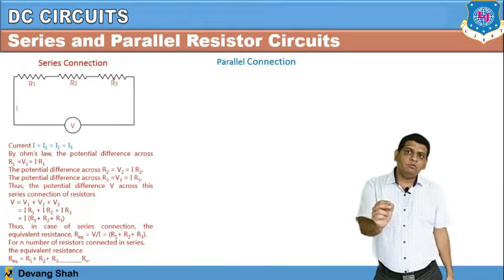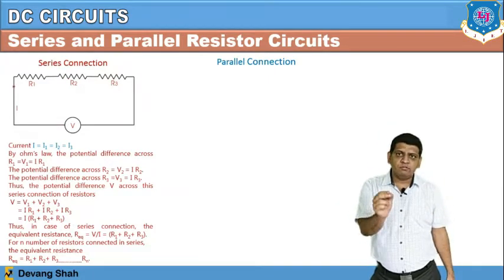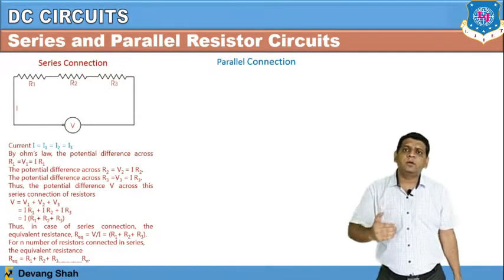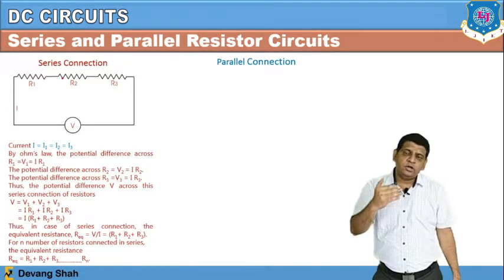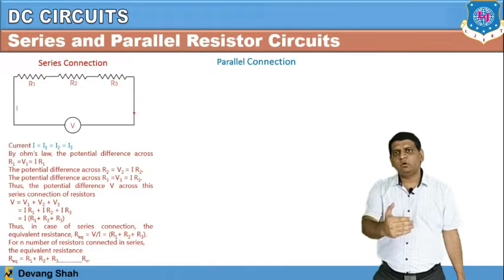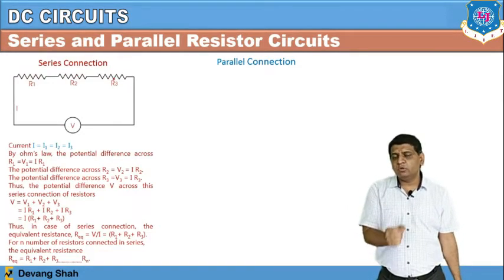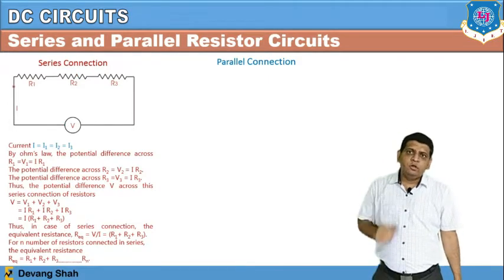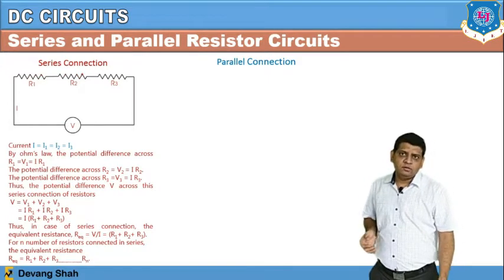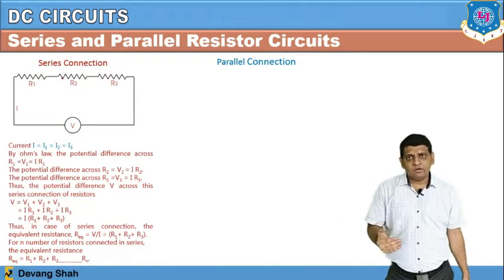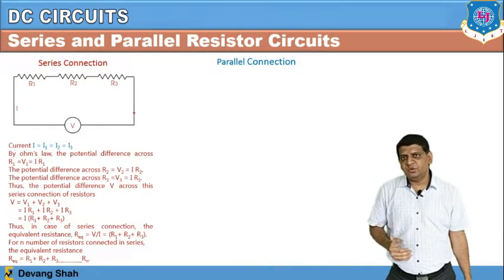If you find the voltage here, V is equal to VR1 plus VR2 plus VR3, where the voltage drop across R1 is V1, across R2 is V2, and across R3 is V3. If you apply Ohm's law here, total V is equal to I into R1 plus I into R2 plus I into R3, right?